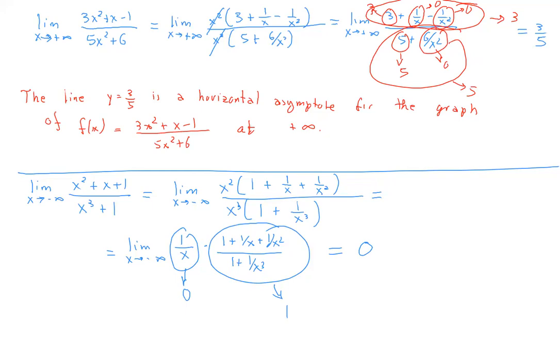If we want something slightly more interesting, then we should turn to the case where the numerator has degree larger than the denominator. This is where we can have all sorts of interesting cases. So let's take, for example, the limit as x tends to negative infinity of 3x squared plus 1 over 5x plus 2. Let's see what this limit would be. And again, the same strategy will work here.